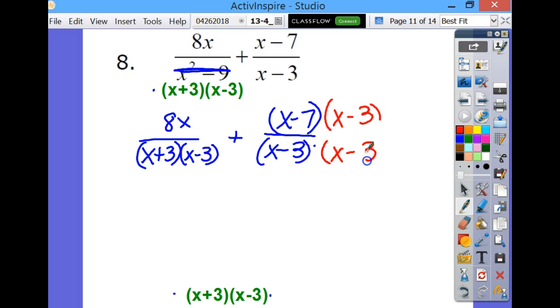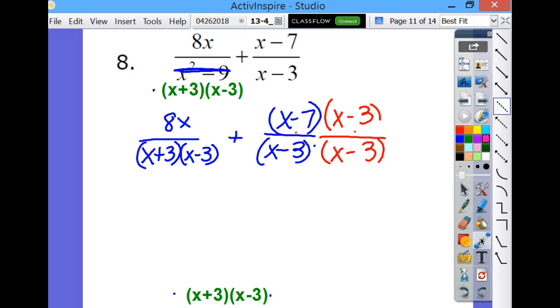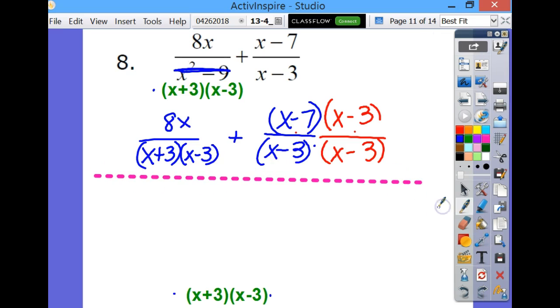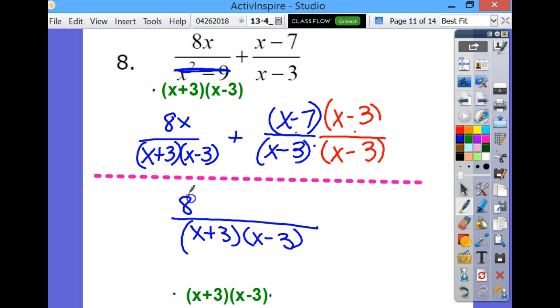Please make sure you put the parentheses in there, because the parentheses show me that this binomial multiplies by that binomial. I have to multiply binomials here. I guess I need to put in the next step. And so my denominator is x plus 3, x minus 3, and this is 8x plus this multiplied together.